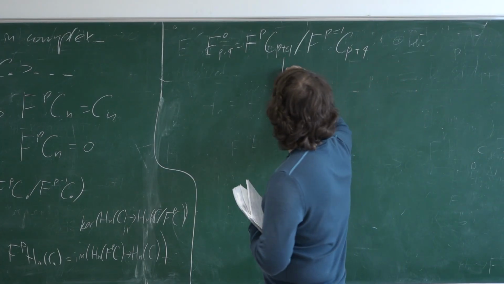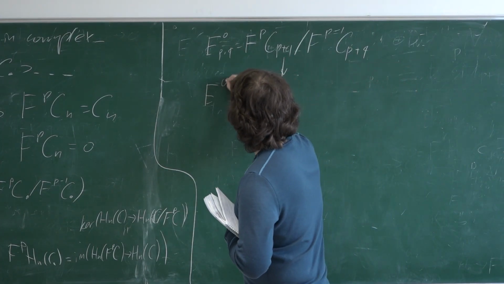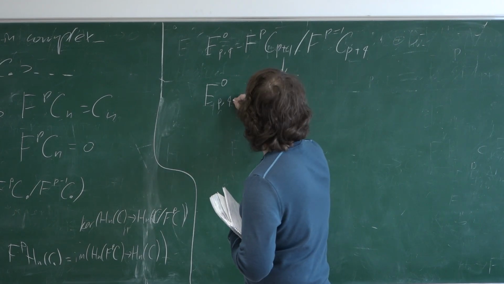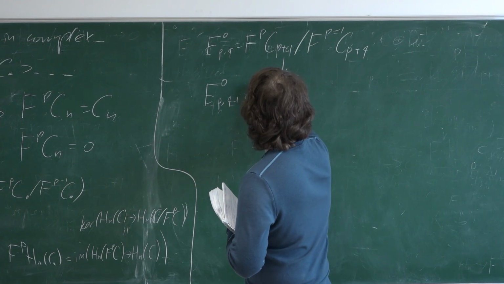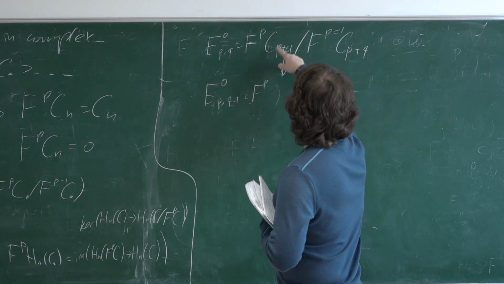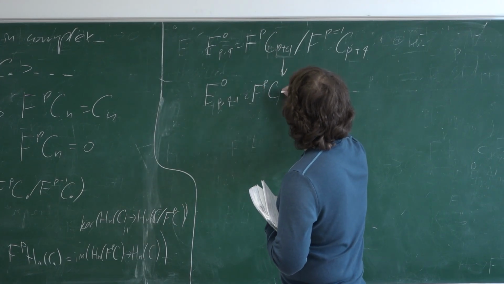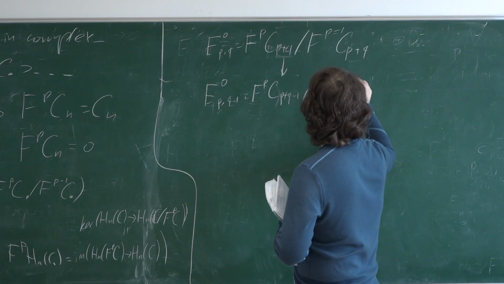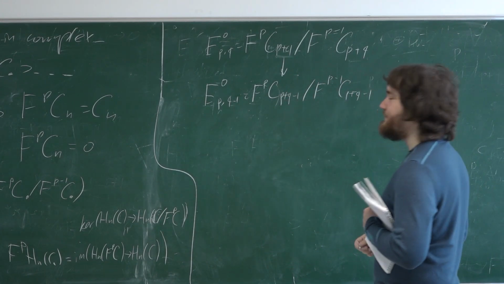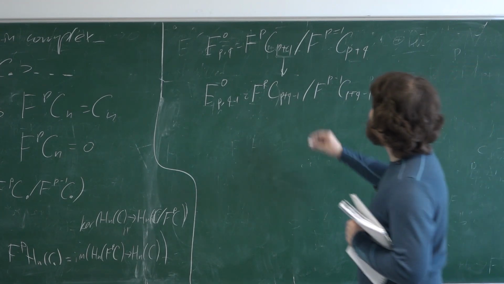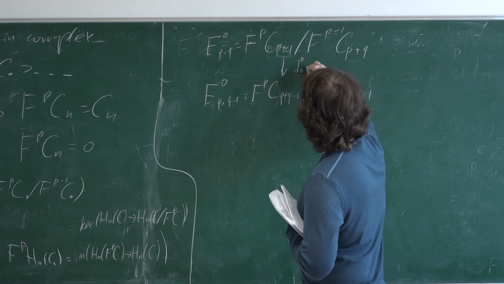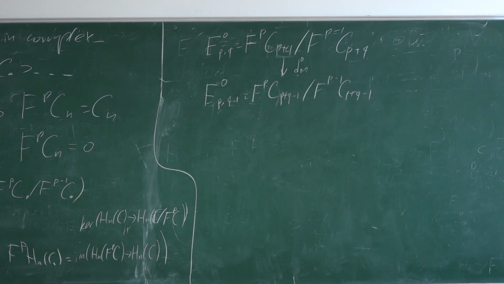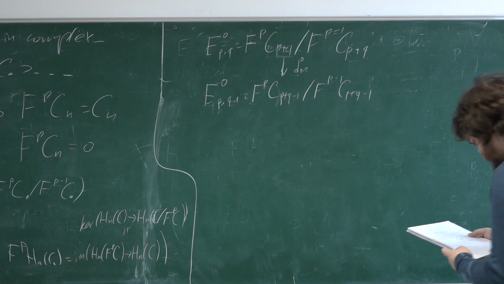We have a vertical differential as we need, the 0 differential, of degree minus 1. It goes within the same filtration, but decreases the grading in the chain complex. Okay? It's our 0 differential.